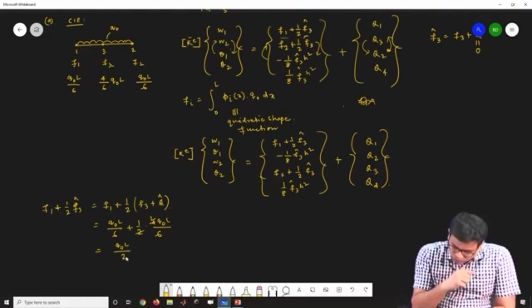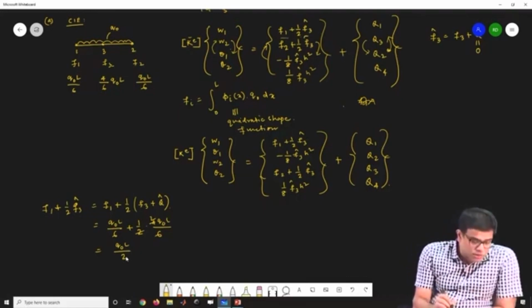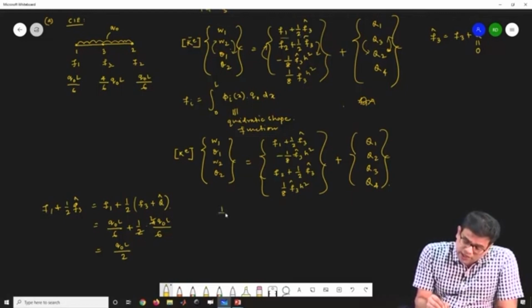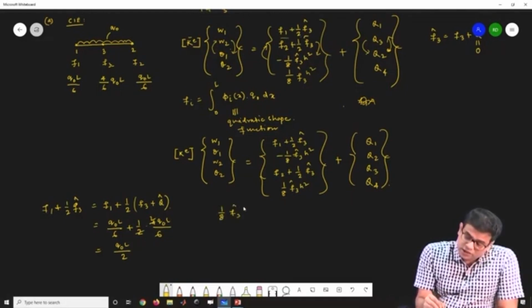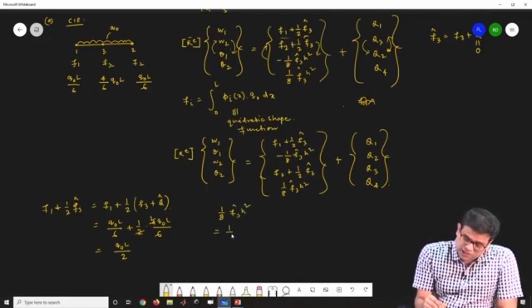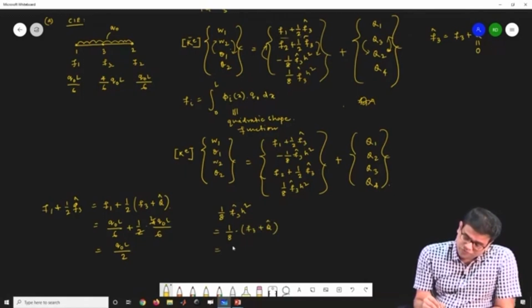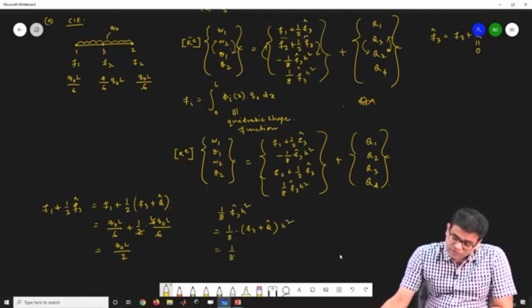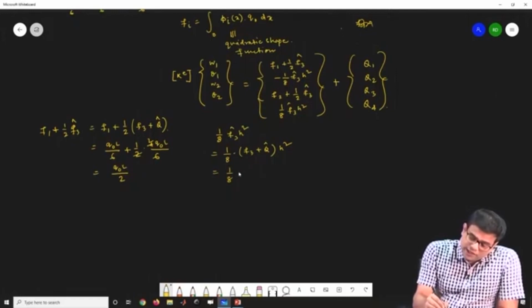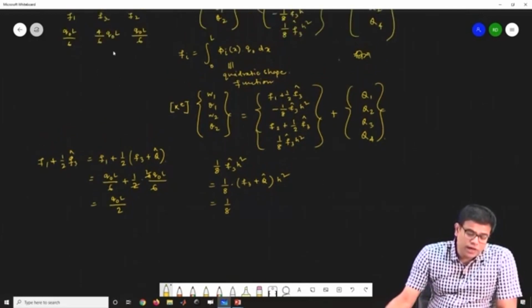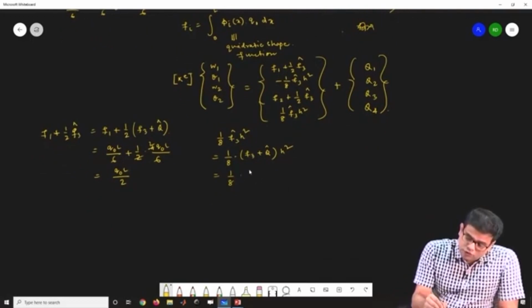Now if you solve this thing, similarly 1 by 8 f3 hat h square can also be calculated. 1 by 8 f3 hat is essentially f3 plus q hat into h square, which equals 1 by 8 f3, that is 4 q0 L by 6, into L square.